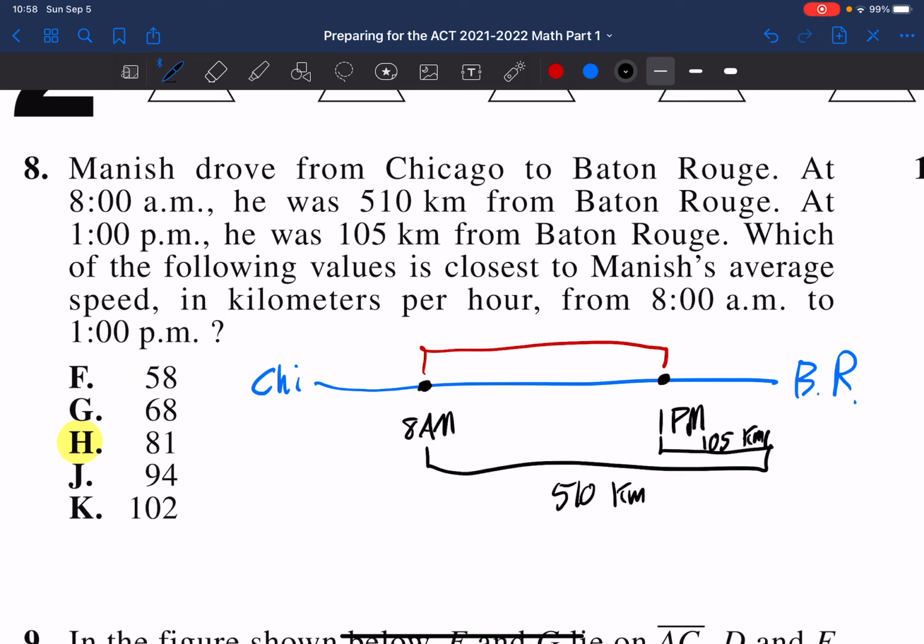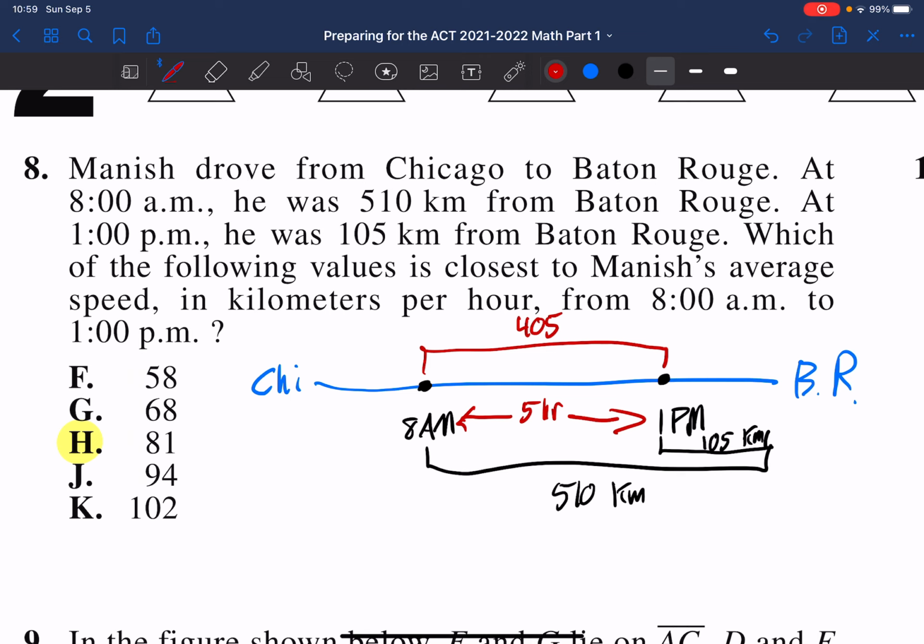So if I subtract these two, 510 minus 105, that gives me how many kilometers are in between these two, which is 405. And also, I can say, all right, well, from 8 a.m. to 1 p.m. is how many hours? Well, it's 5 hours.